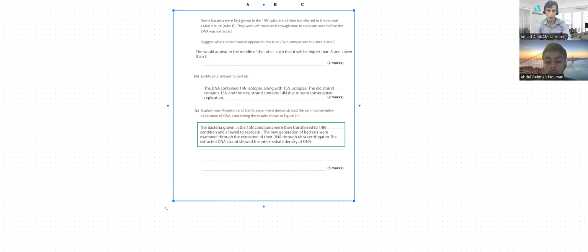You can also add one thing more here, Abdul, to say that this is proving the semi-conservative replication. Somewhere you need to add semi-conservative replication here as well. Intermediate density of DNA means the model of semi-conservative replication is justified or demonstrated from Meselson and Stahl.